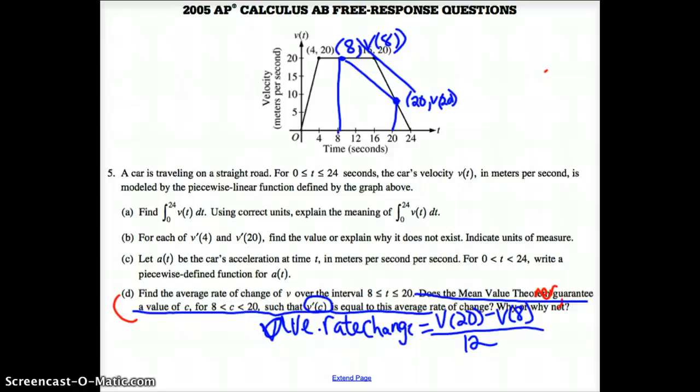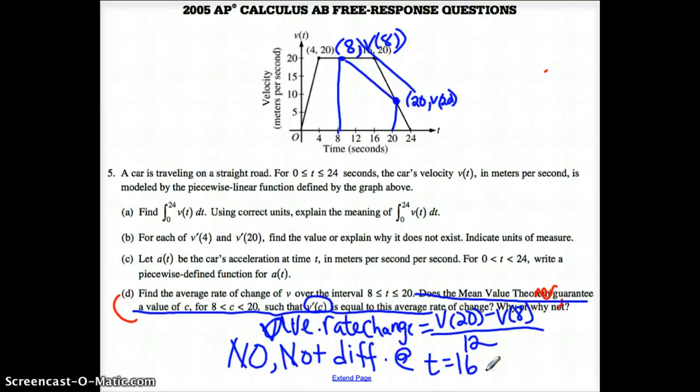So you would say no, and then if it said why not, you would say not differentiable on the entire open interval, but specifically it's not differentiable at 16 seconds.